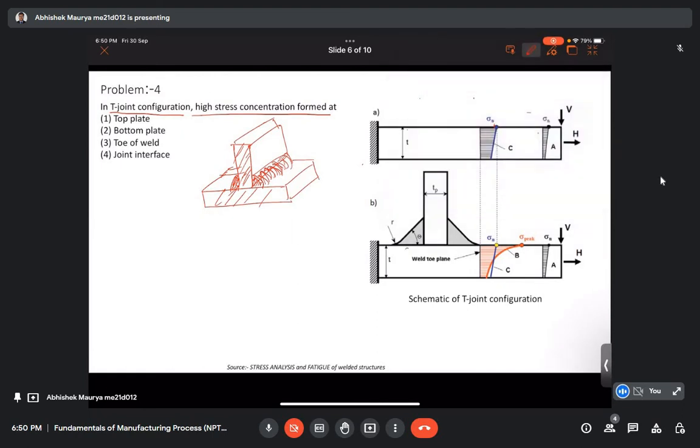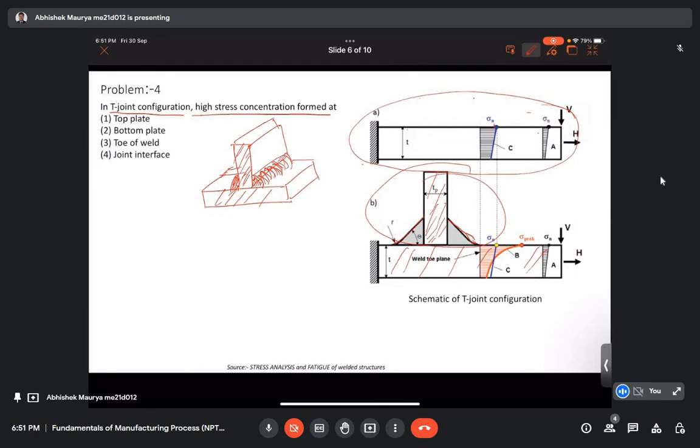Here we have a component, and it is joined with another component in the T configuration, and filler material is deposited here and here. Suppose this whole material was not there and just this beam was alone, then it will look something like this.